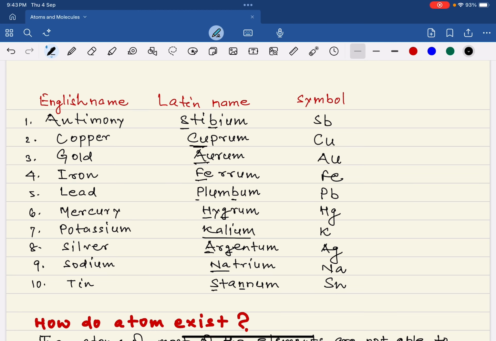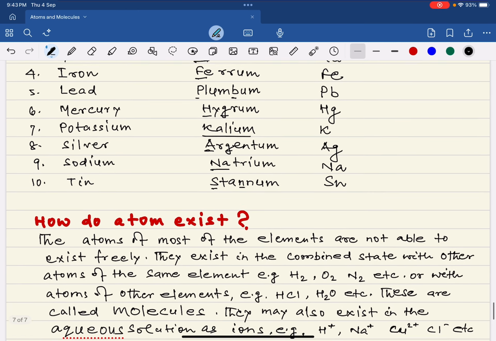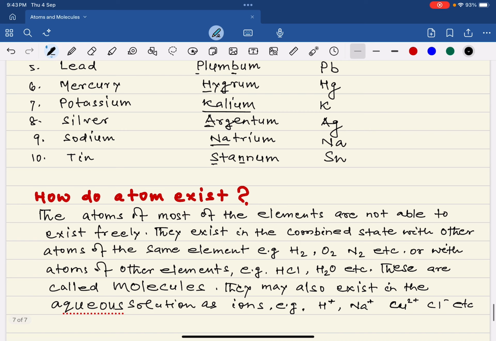Then one question arises: how do atoms exist? This is a very important question: how do atoms exist in nature? The atoms of most of the elements are not able to exist freely.